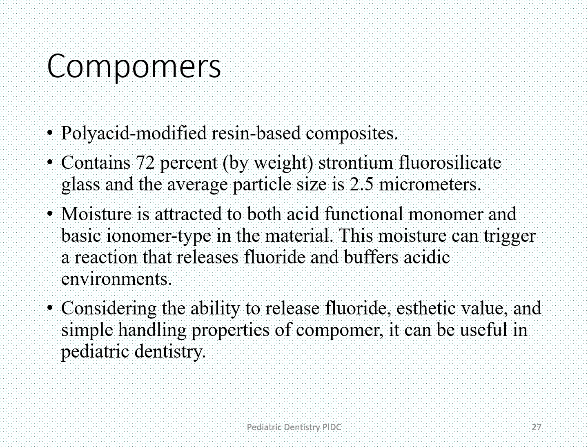Then we have compomers. These are basically a combination of composites and glass ionomers, and these are flowable material, so that means they can flow, and because they are a combination of composite and glass ionomer, they have the ability to release fluoride, and they have an aesthetic value also.